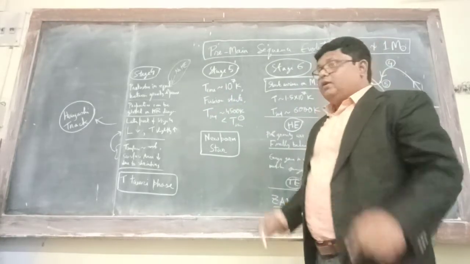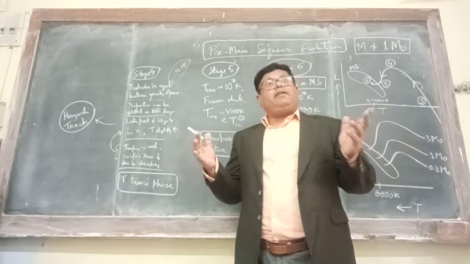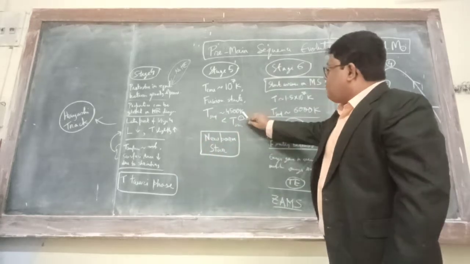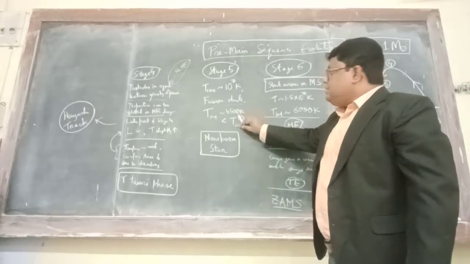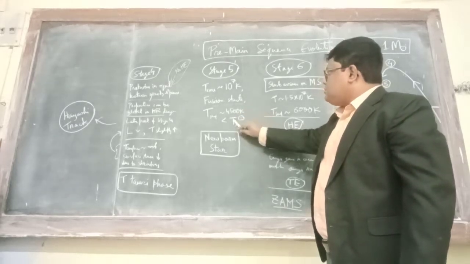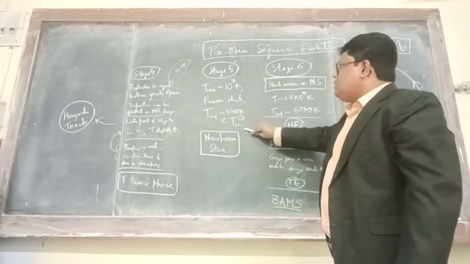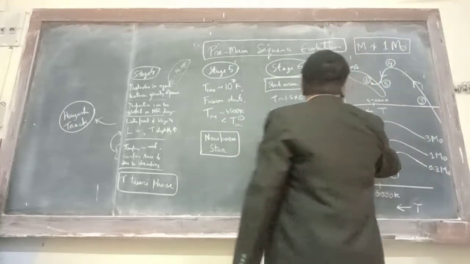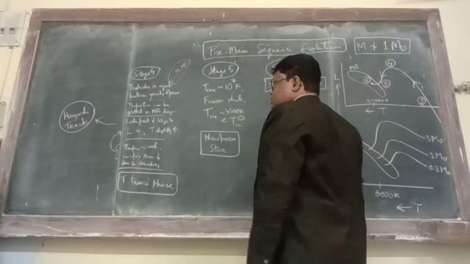But remember, what is the surface temperature of the sun? 5800 degree Kelvin or 6000. But here the surface temperature is still not that high. It is 4500 Kelvin. So the surface temperature, even though it is lower than the sun, but still, since the fusion starts, now in stage 5 we have a newborn star.